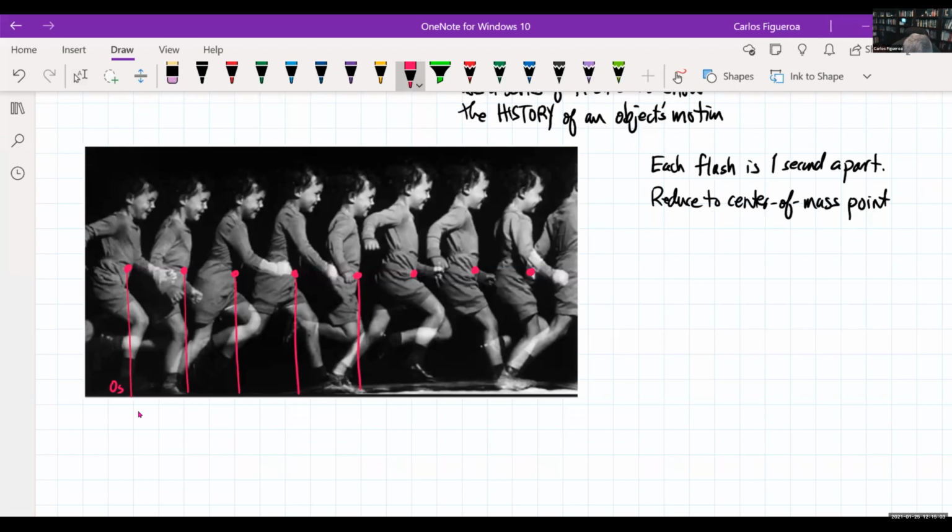These dots have a particular pattern, right? This is 0 seconds. This is 1, 2, 3, 4, 5, 6, 7. By counting the dots, I know that this motion has taken 7 seconds. So now instead of drawing this picture with the boy, I'm going to put dots like this.